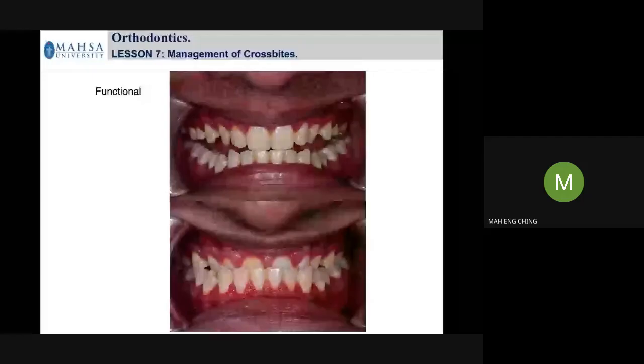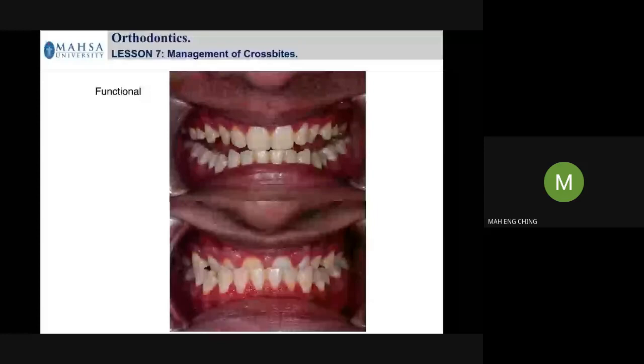This is a typical example of functional shift. You see the patient managed to achieve what we call the edge-to-edge incisor relationship, or edge-to-edge bite. Then the jaw will shift forward. So this is considered functional shift. If you correct this functional shift fast, then the patient can grow as normal.